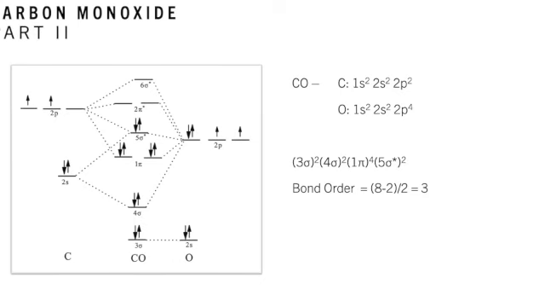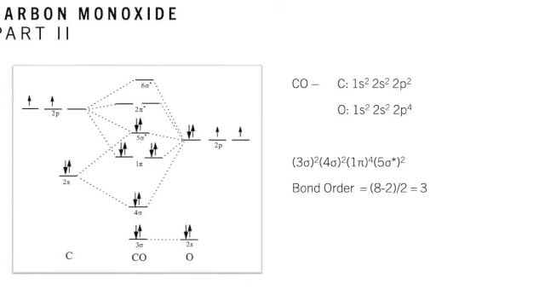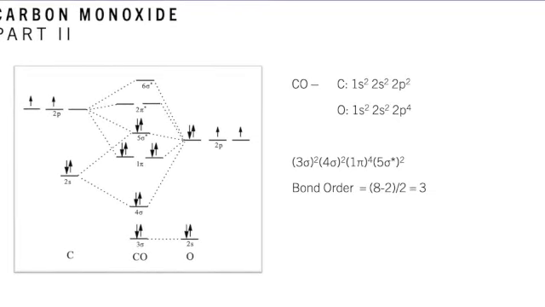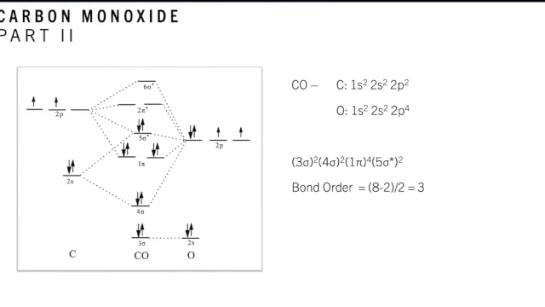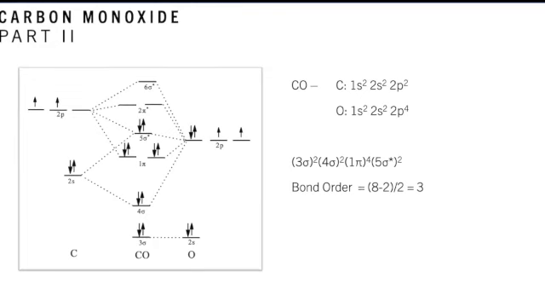These are donated by the 2p orbital of carbon and the 2p orbital of oxygen. This leaves us with 2 electrons to go into the 5σ* molecular orbital, and these can be donated from the 2p or 2s orbitals of carbon or the 2p orbital of oxygen.